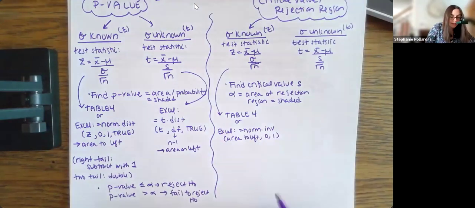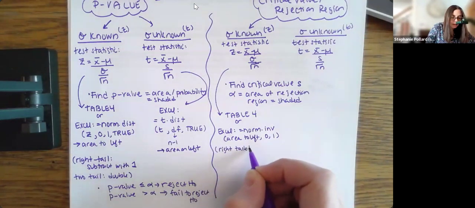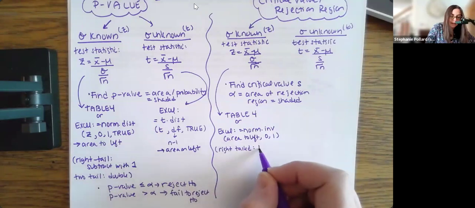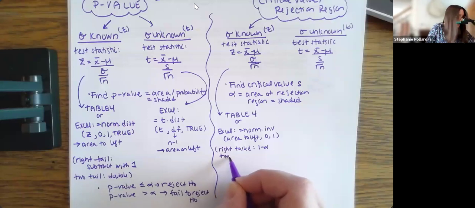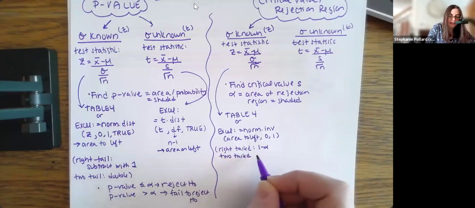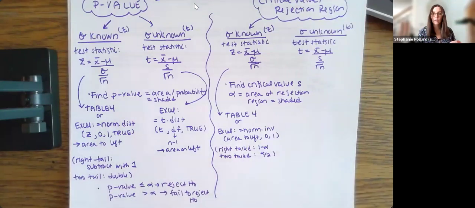If you have a right-tail test, you would do 1 minus alpha to find your area to the left. Or if you have a two-tailed test, you would do alpha over 2 to find your area to the left. So you have a little bit of tweaking there as well.